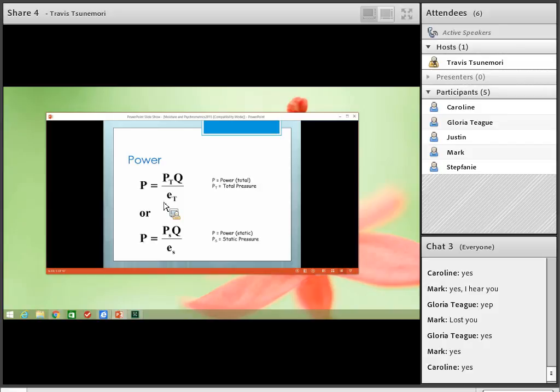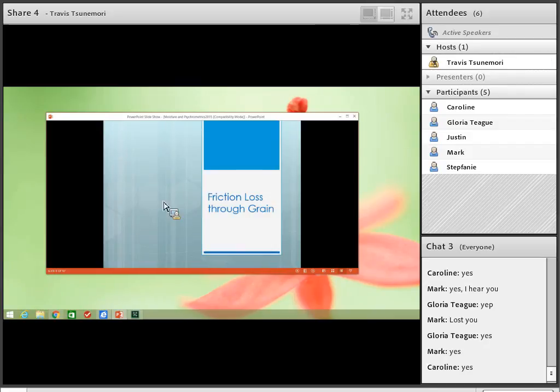One is the power based on total pressure, and the other is based on the static pressure. The difference is the efficiency terms that you use. You can use the efficiency for total pressure or the efficiency for static pressure. Okay, so hold those thoughts for a minute. We're going to go through the friction loss through grain, and then we'll combine the two.